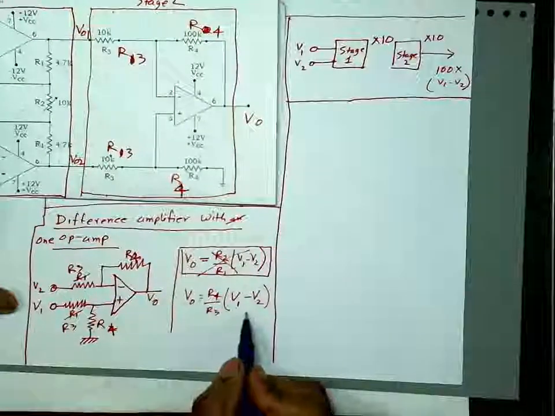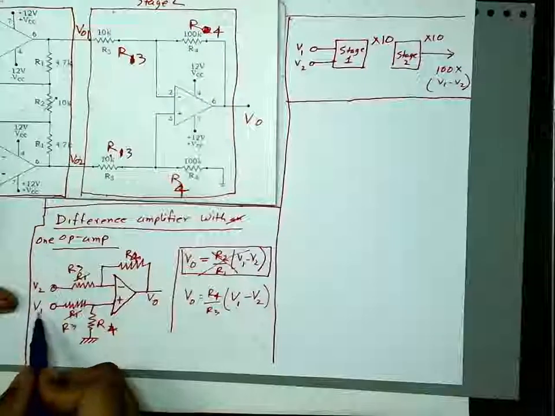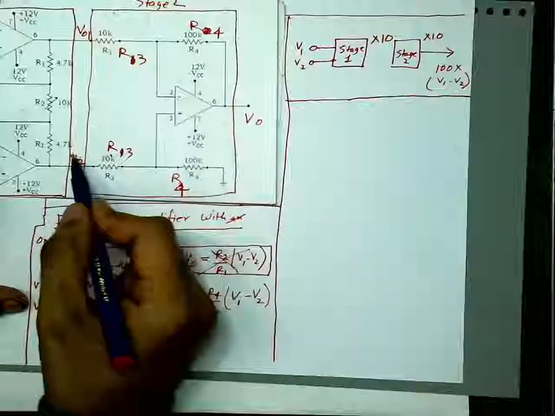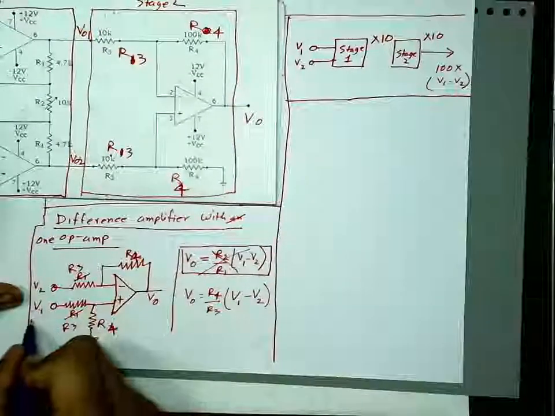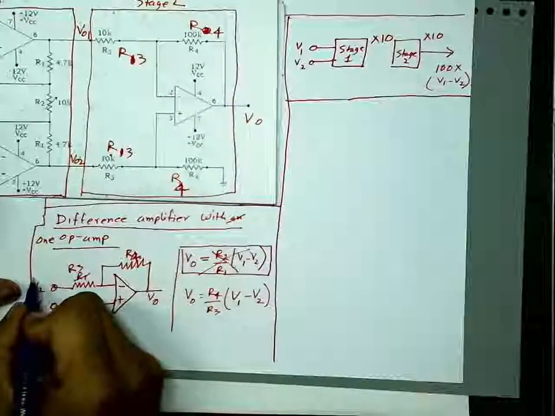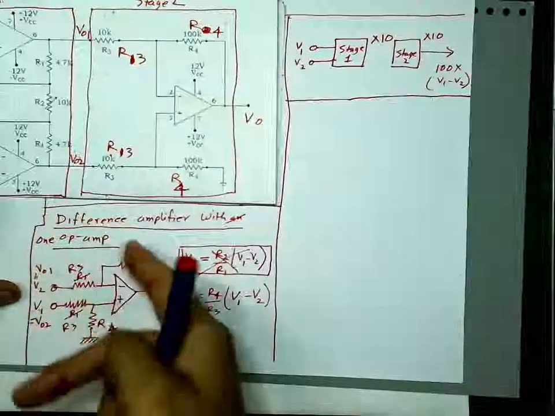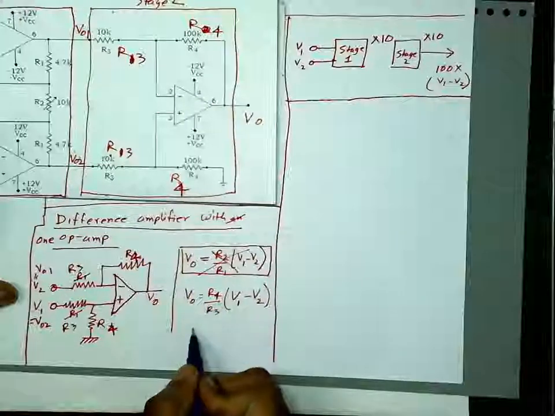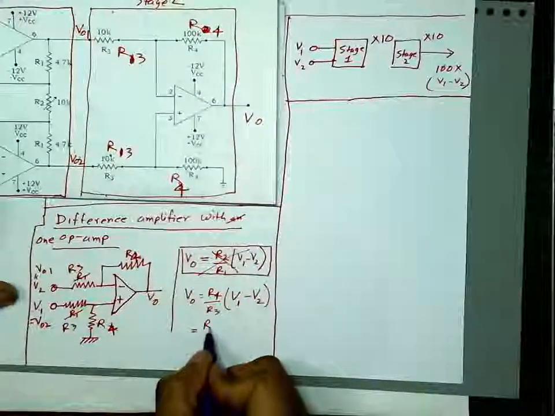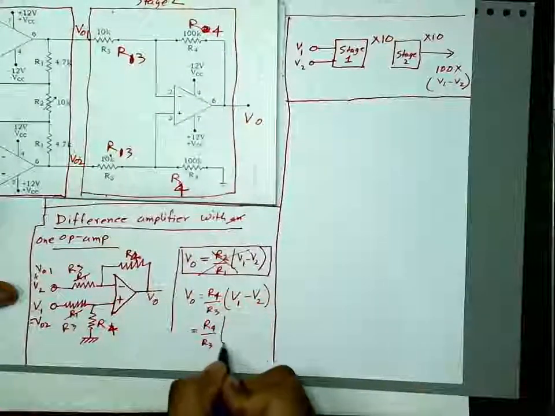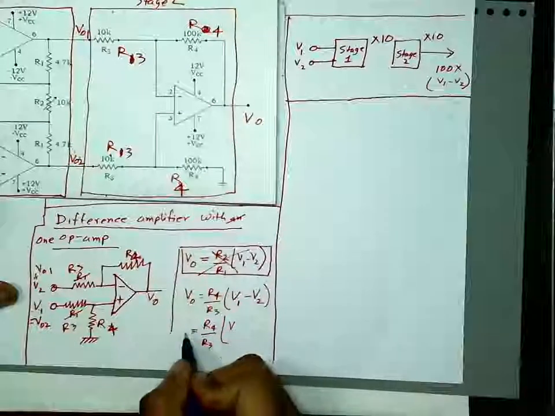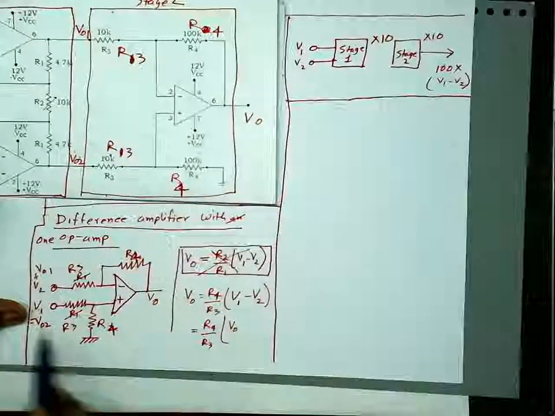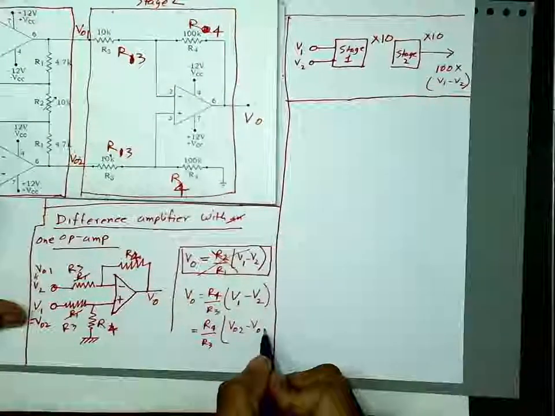Now what is V1? According to this notation, this is actually VO2, not V1, and this is actually VO1. 1 and 2 are swapped here, doesn't matter. So I can write this as R4 by R3 multiplied by VO2 minus VO1.